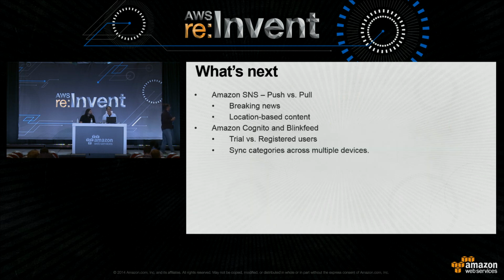The last part is, what are we going to do next? As I said, we do a lot of polling right now. We poll the servers every 5 or 7 minutes when the handset is powered on or is jacked in. We're polling for new news. And one of the things we want to do is move towards push. We can push breaking news, push location-based services instead of always polling the services.